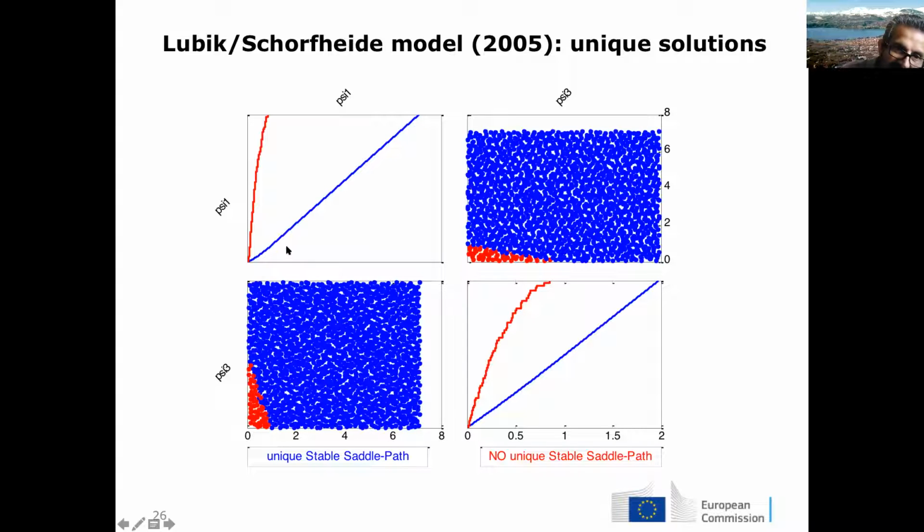You see that you might not have a violation. You see that the blue cumulative distribution arrives at 0. So you can have psi1 numbers which are almost 0, and still it is possible to have a unique saddle path. How is it possible? Because in this model we also have a response to the exchange rate.